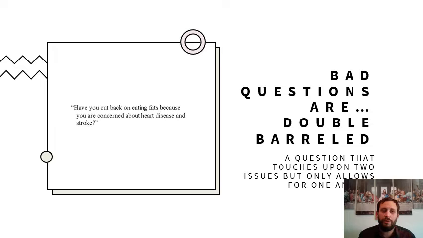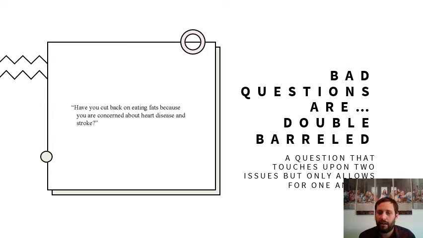To the left here, we have an example of what a double-barreled question looks like. Take, for example, have you cut back on eating fats because you are concerned about heart disease and a stroke? Well, you just asked the participant two different questions and only expected one response. Therefore, there's no clarity as to what the response actually means.